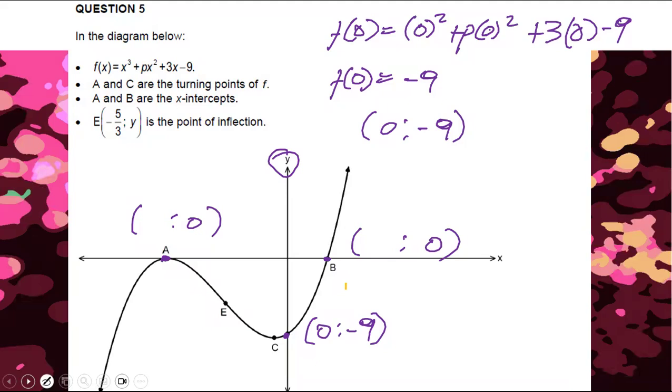Okay. Now, what you need to understand is that, remember I said to you, if the first derivative is equal to 0, then the x value that you find there will be the x coordinate of the turning point, right? However, listen to what I'm going to say. If you take the second derivative and equate it to 0, and then you solve for x, that x value will be what we call the point of inflection.